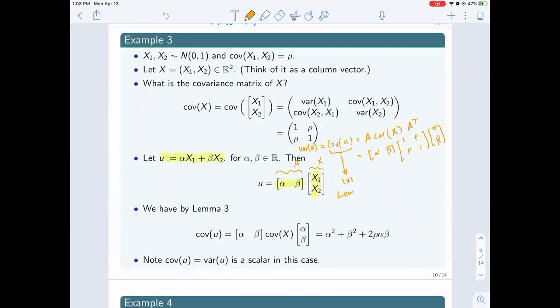So lemma 3 allows us to compute the variance of a linear combination of random variables given their covariance matrix.